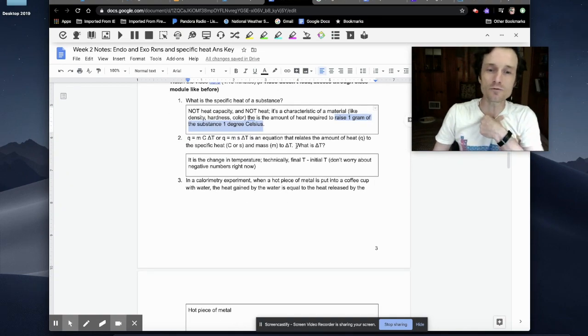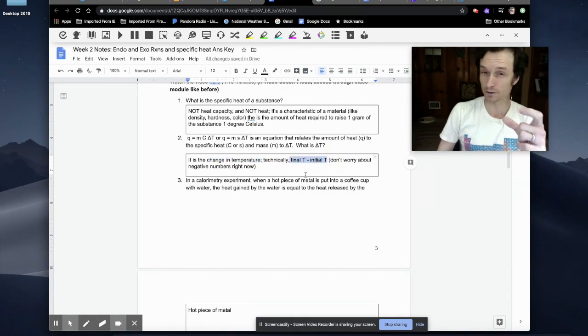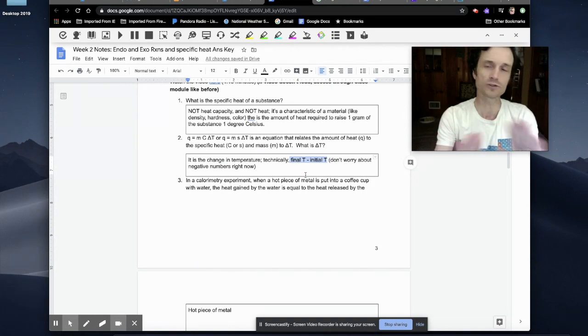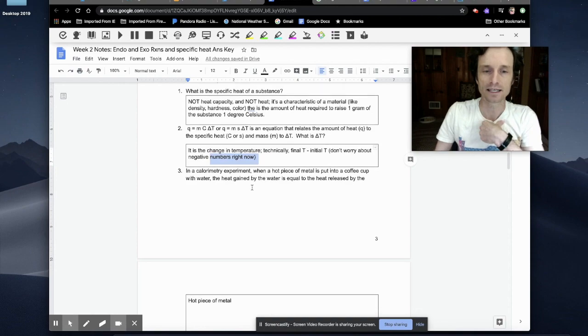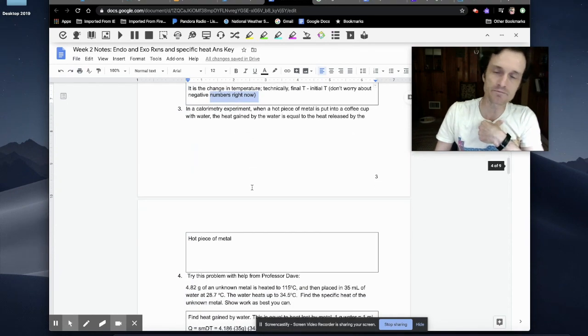So in this next one, they ask what is delta T. It's really just the change in temperature. Technically, it's the final temperature minus initial, which means you can get negative numbers. But to keep things simple, we're just not worrying about negative numbers right now, okay? In calorimetry, they talk about a hot piece of metal going into a coffee cup with water in it.